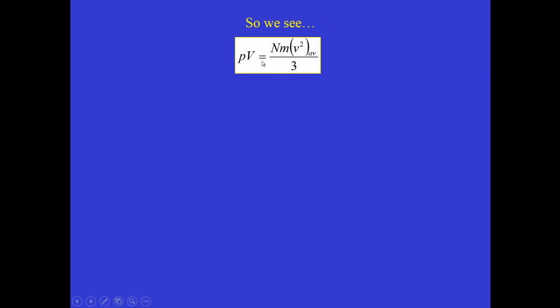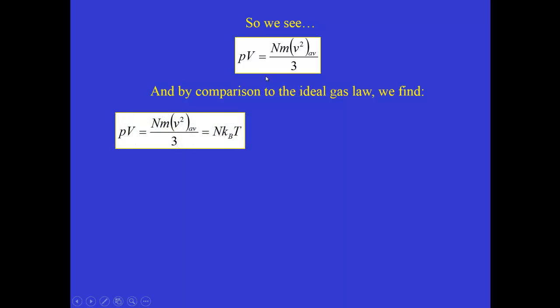So on the right-hand side of that expression was NkT, where capital N is the number of molecules. Of course, we can write this as little n times R times T, and they mean the same thing, but because the expression above already has the capital N in it, I'll write the ideal gas law in this form. And of course you see that capital N cancels out.